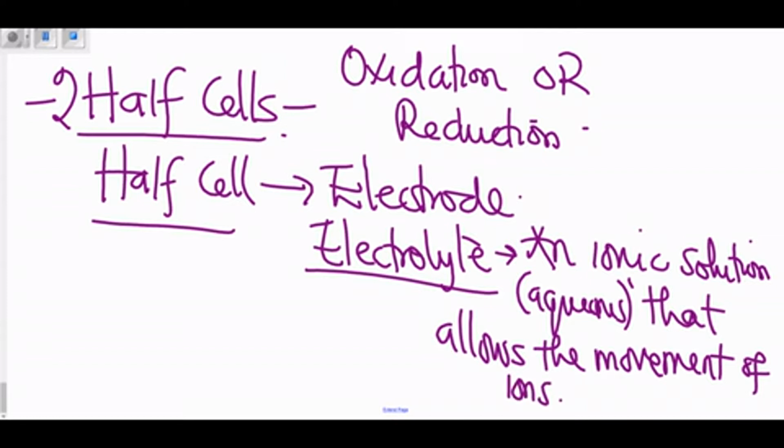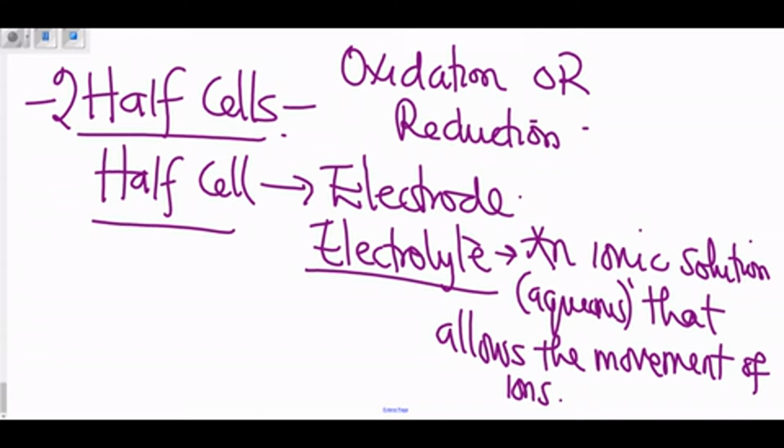It must be ionic because we're talking about a transfer, so there must be free charges to move. An ionic solution, or an aqueous solution, that allows the movement of ions, which means it gives free movement to charge.